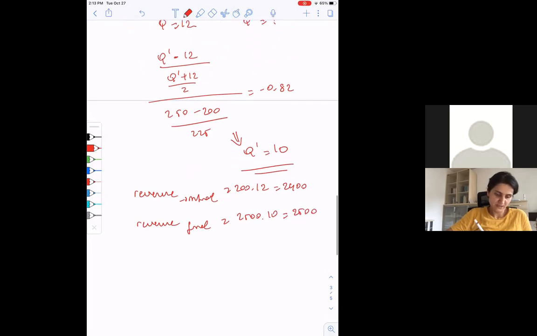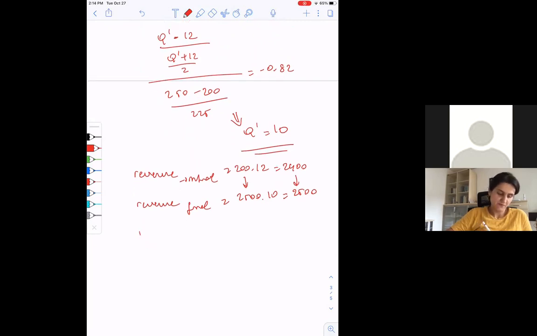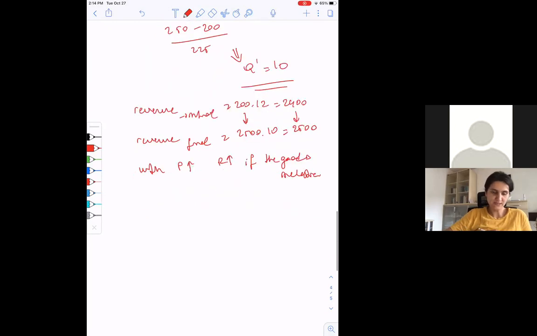As you can see, with the price increase, revenue increases if the good is inelastic. With an increase in P, revenue will increase if the good is inelastic.